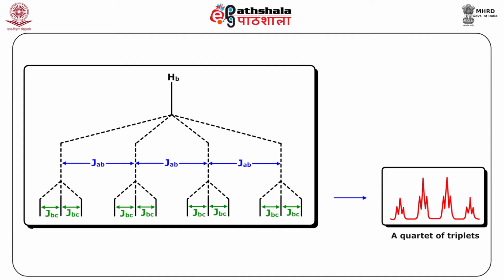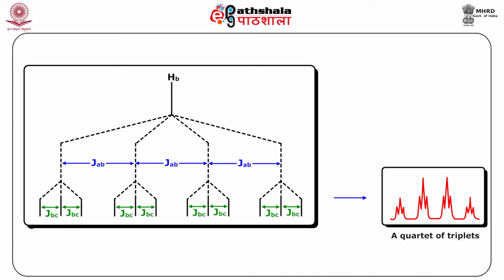The chemical shift of Hb protons is in between. One can expect a sextet for Hb, but in actual the signal of Hb appears as a quartet of triplets due to the non-equivalent nature of the coupled protons Ha and Hc, and hence it leads to unequal coupling.